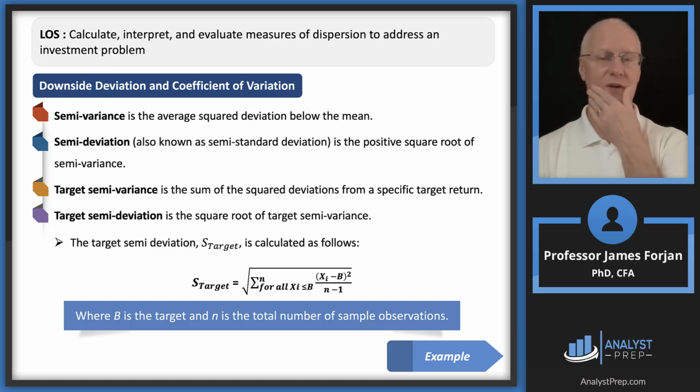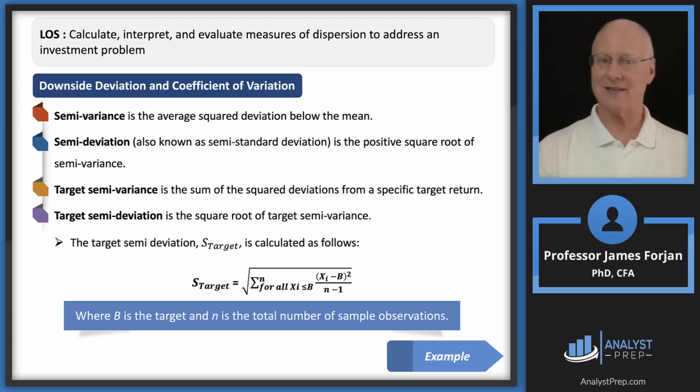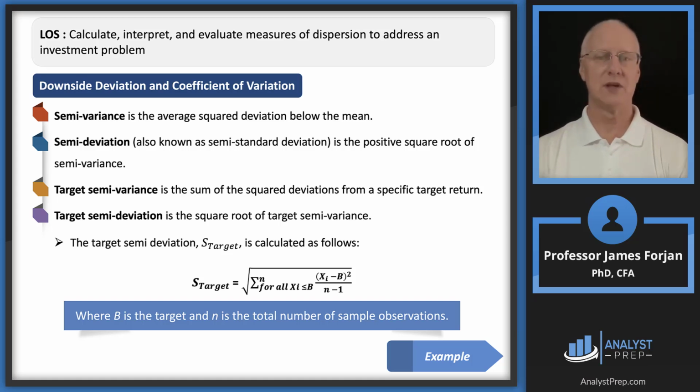What does this mean for stock returns and portfolios? Well, I'm worrying less about if stock returns are positive, but I want to know what happens when stock returns are less than 0, when they're negative, or when they're less than some kind of a target return. So we have the semivariance and the semi-deviation.